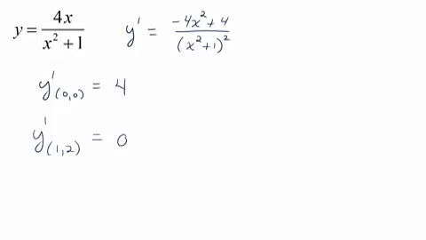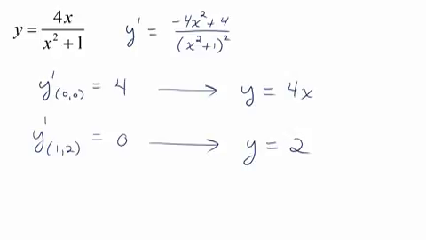Now we can come up with the two equations of the lines. At the point (0, 0), we get the equation of the line y equals 4x, and for the second one, since we have a slope of 0, that implies a horizontal line, so the equation of that line would be y equals 2.